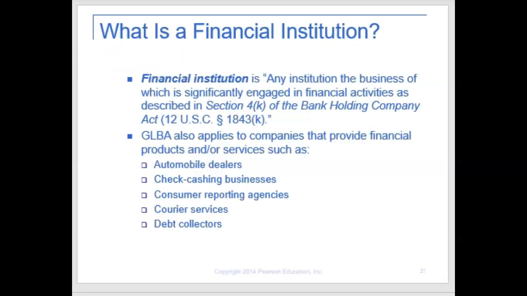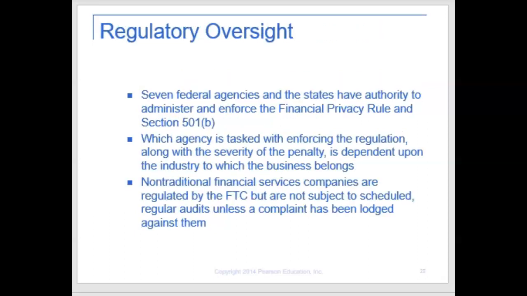Now, in a financial institution, right, how do we define it? Any institution, the business of which is significantly engaged in financial activities. That's how it's described. And so it can apply to automobile industry items, credit card companies, credit counselors, data processors, debt collectors, even educational institutions. Interesting, as a financial institution.